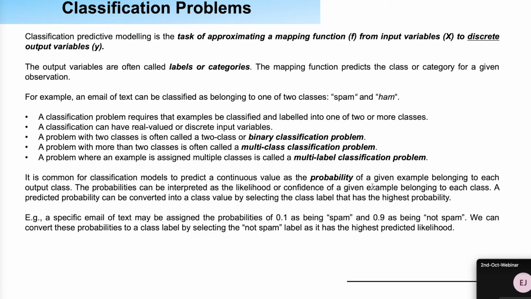Now the other kind of output that classification algorithms typically output is the probability. For instance, your model may say, I am not able to say it is 1 or 0, but I am going to say what is the probability that a particular transaction is fraudulent or non-fraudulent.